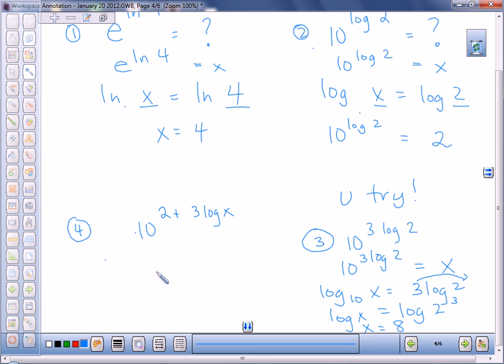Think about exponents. When do I add exponents? When you're multiplying like bases, right? So can I rewrite that like that? Yes. And then you can rewrite 3 log x as log x cubed. So I can rewrite this as 2 log of x cubed.